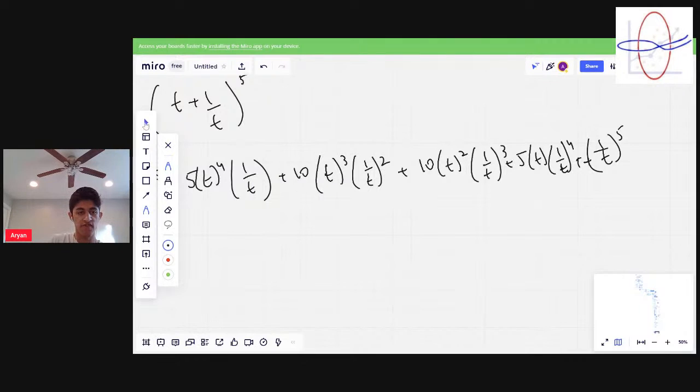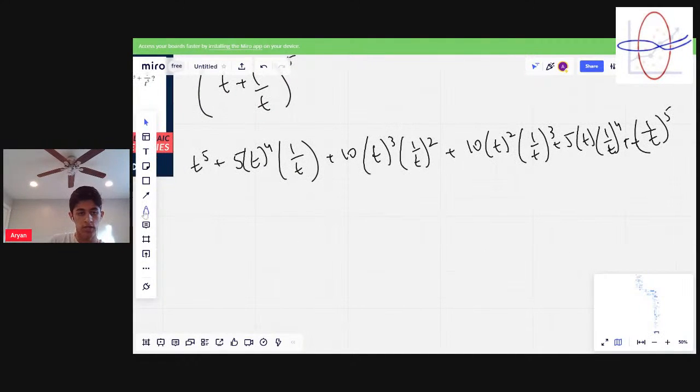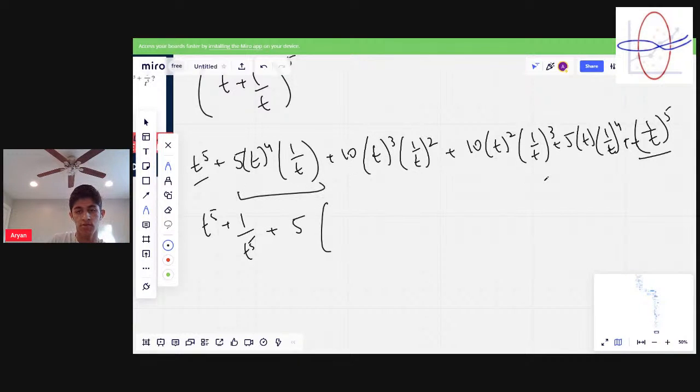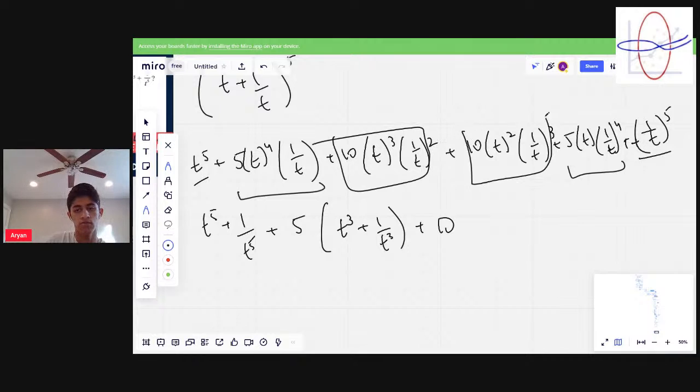Now let's simplify this real quick. I have t to the fifth plus 1 over t to the fifth, and that takes care of this term and the final term. Then I have 5 times t cubed plus 1 over t cubed. And then plus 10, and now let's look at the boxed terms, 10 times t plus 1 over t.